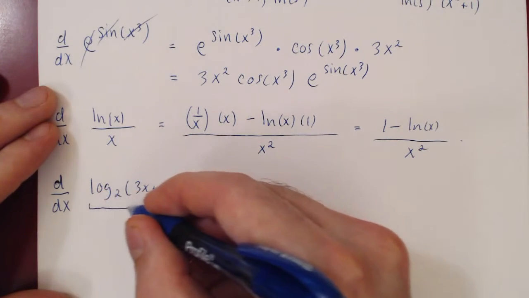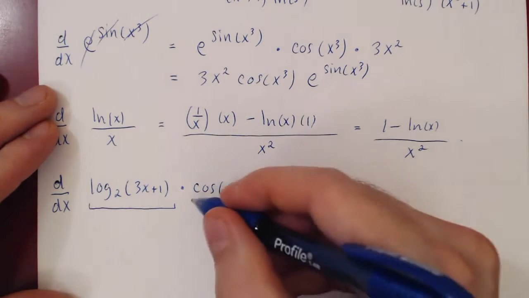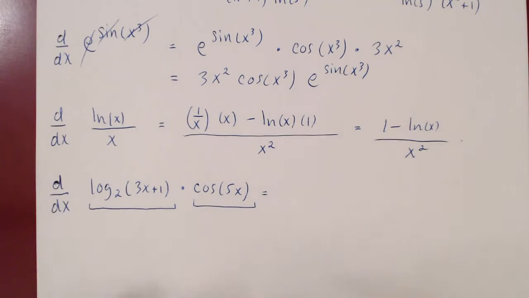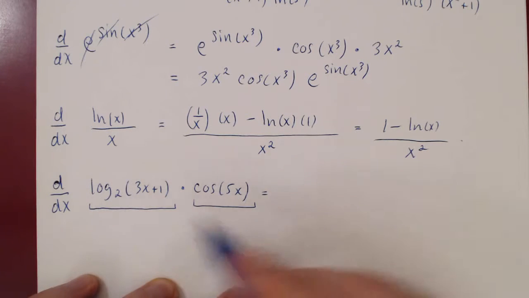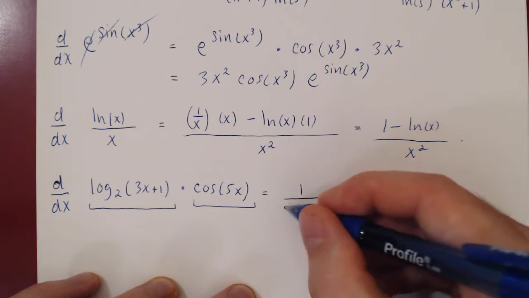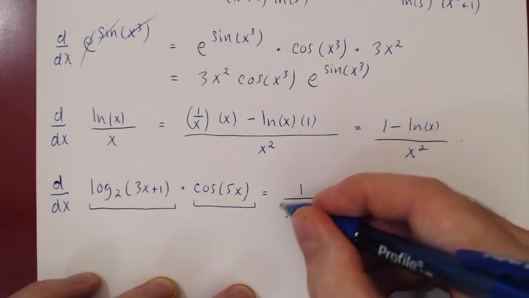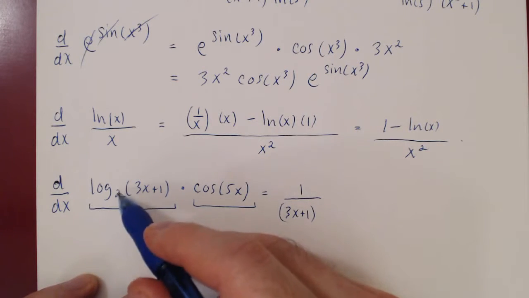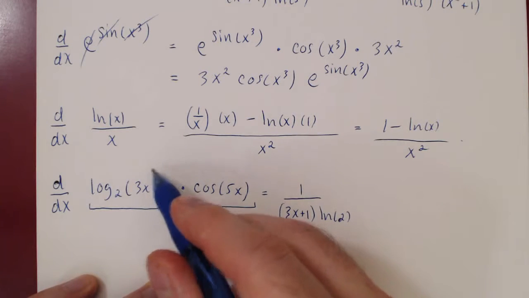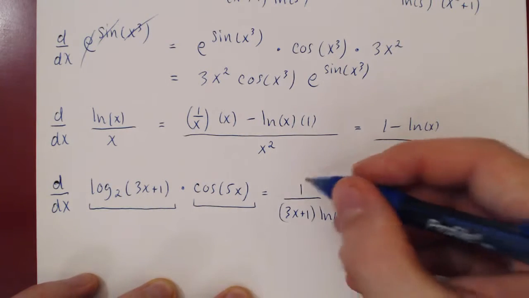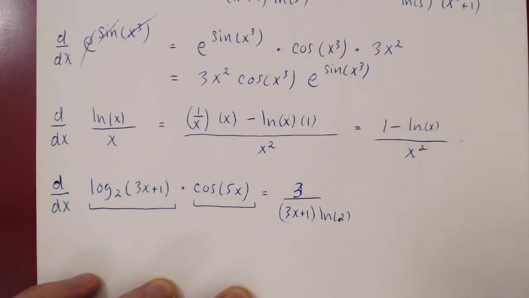The first function is the logarithmic function base 2 of 3x plus 1. The second is cos of 5x. Derivative of the first function. We differentiate the log, so we get 1 over the argument, 3x plus 1, times the ln of 2. Chain rule times the derivative of 3x plus 1, which is 3. I can put the 3 on top.